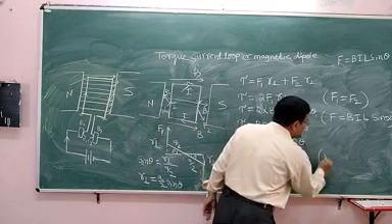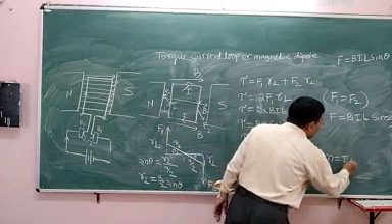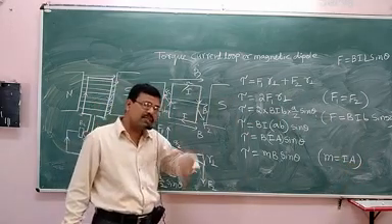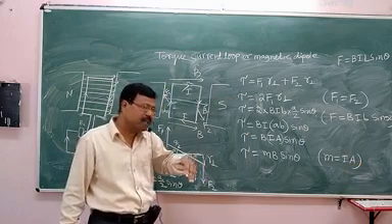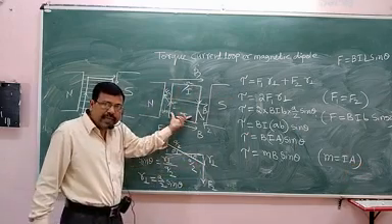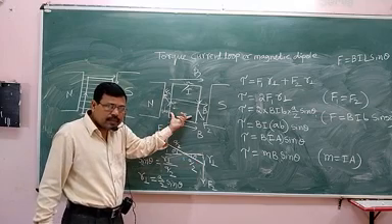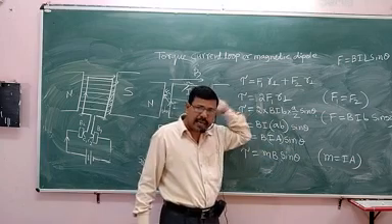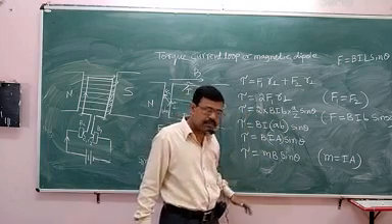So what is M? M is known as current into area. So magnetic moment is defined as the product of current flowing through the coil and the area of the coil. And the direction of the magnetic moment is in the direction of the area vector.